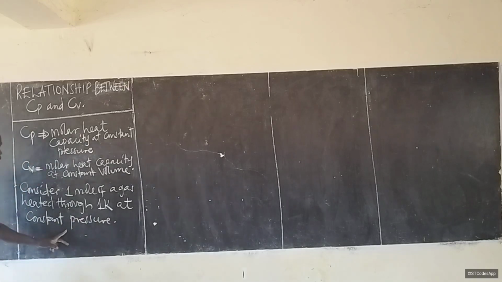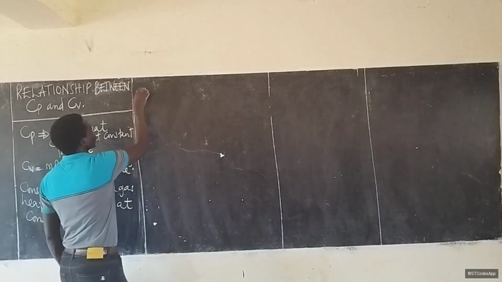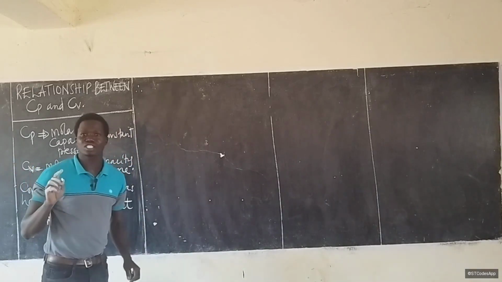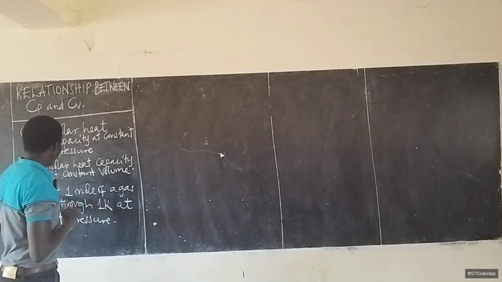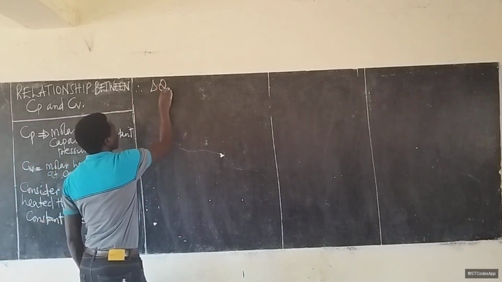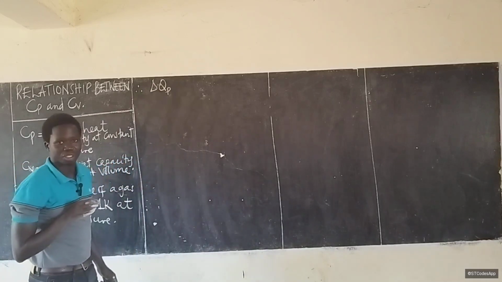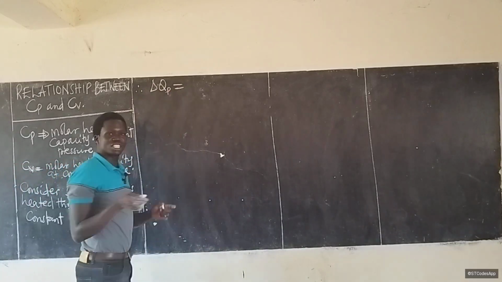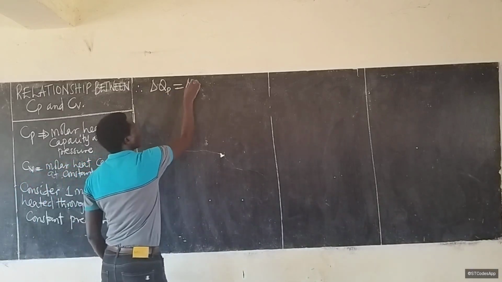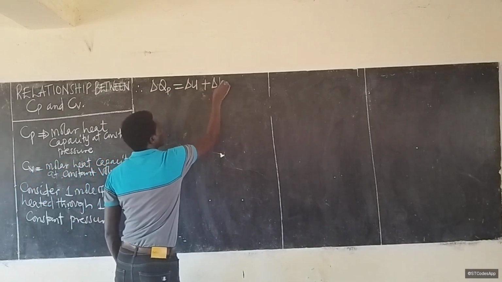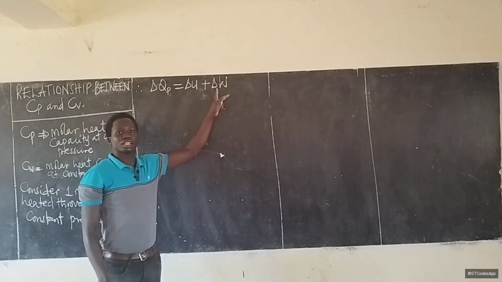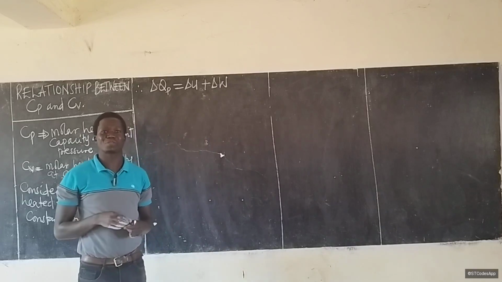Therefore, from the first law of thermodynamics, the heat that is being supplied at a constant pressure goes to do two things: to increase its internal energy, that is change in U, plus do the external work. So that is from the first law of thermodynamics.